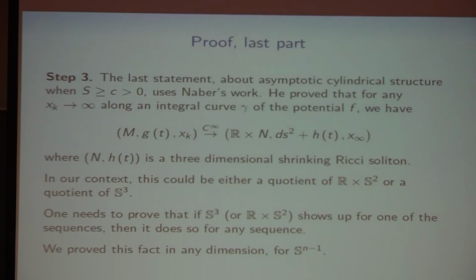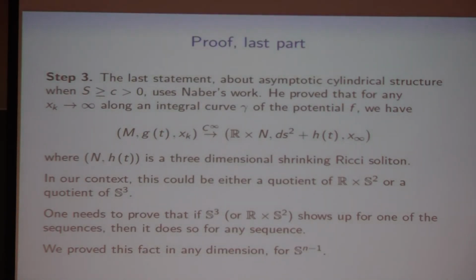So the last step, which this talk is mostly about, is what about S bounded below. That's where we use some work by Neighbor. And essentially what you have to do is to show that you take a sequence, you take (M, g) and x_k.